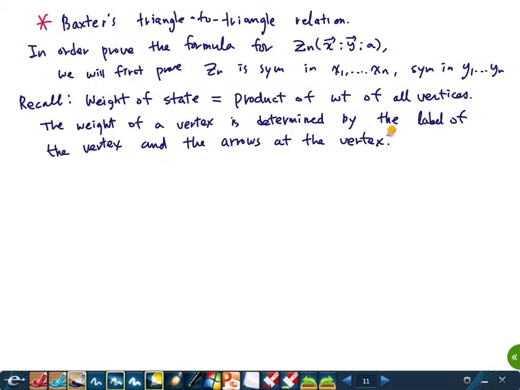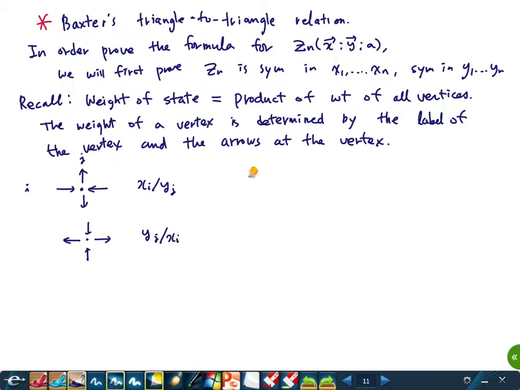They are all the same. Okay, let me write that. So what is the weight of this? If this is the i, j position, what is the weight of this? It's a horizontal thing, so it's xi over yj, right? The weight of this. And the vertical one corresponds to this configuration. The weight is the inverse of this, yj over xi.